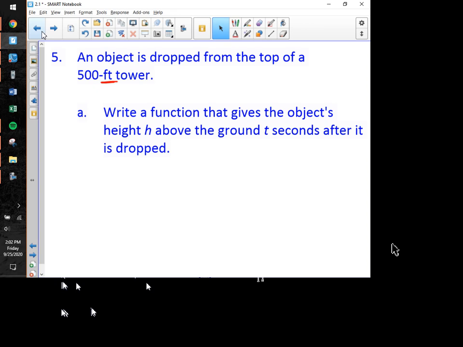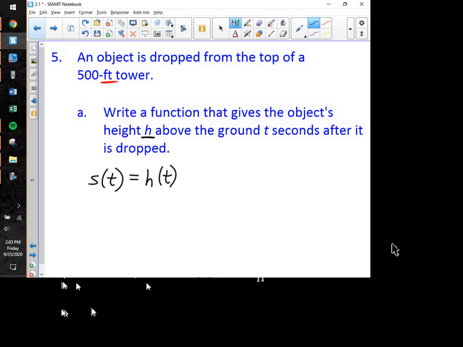So I wrote the answer here, but it probably would have been better to put here, that h of t. Oh, and by the way, I told you guys to name this function h, but it would have been perfectly fine if you guys had called it s of t, because s means position and height means vertical position specifically.